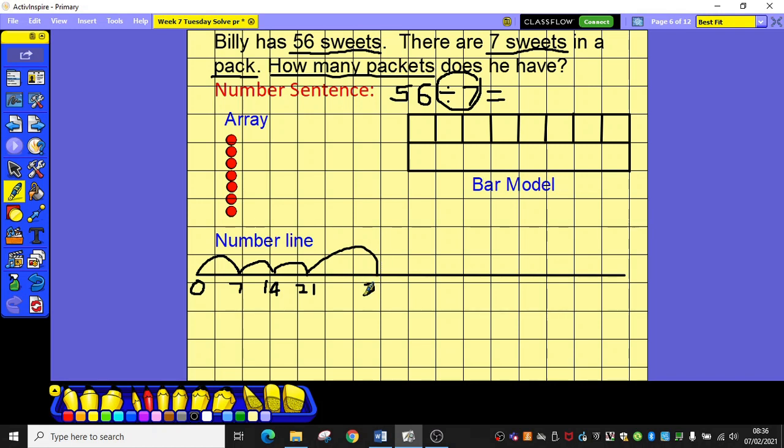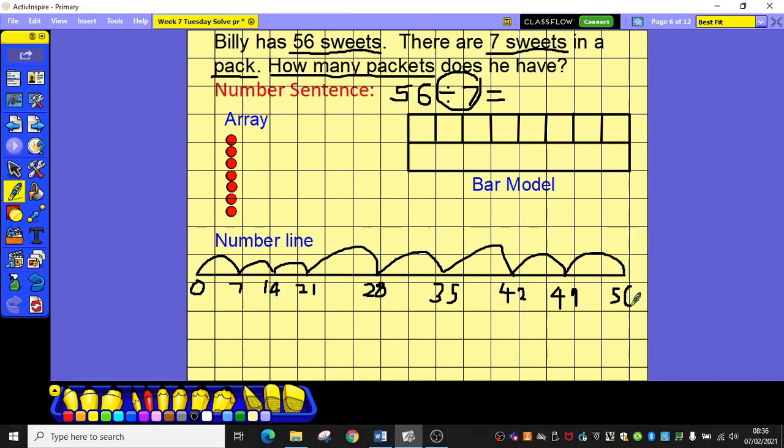I apologise for the big jump there, tricky using the mouse pad today. 35, 42, 49 and 56. And hopefully you've already worked out that we've got 8 jumps of 7.